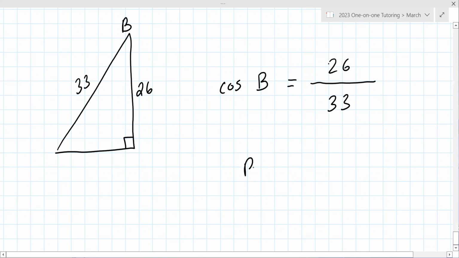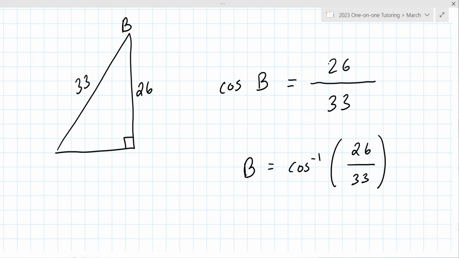But since it's not the angle, so yeah, -1. So then it would just end up being 38.0 or 38.1, I guess. Yes, that's 38.0. You have it correct.